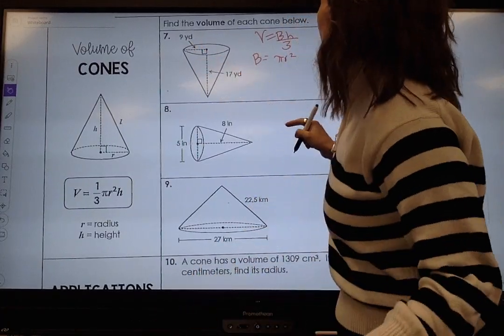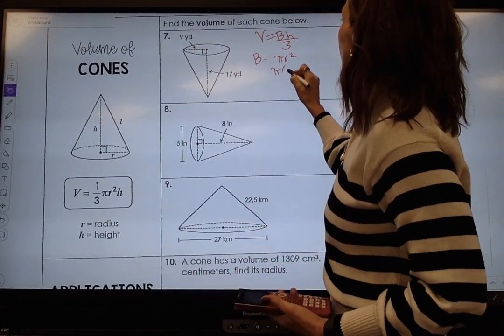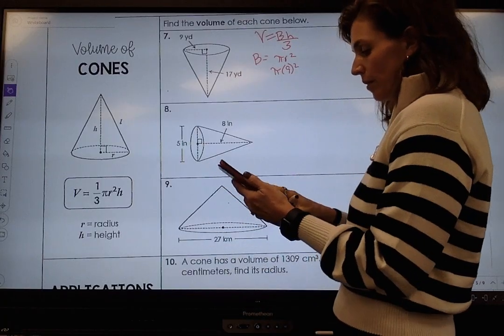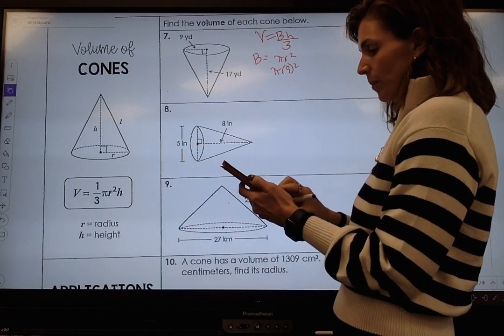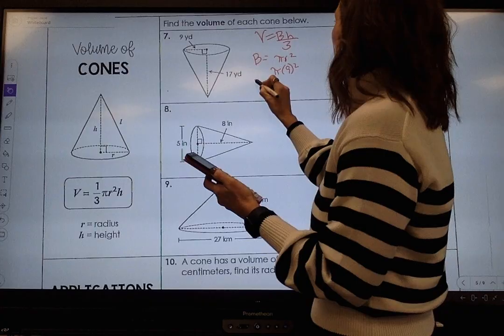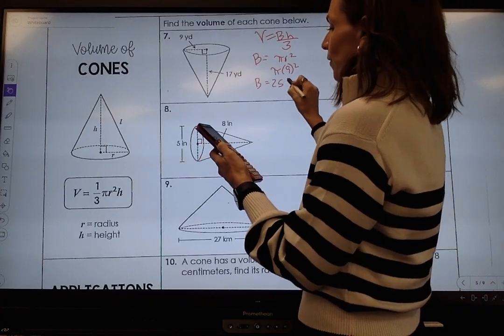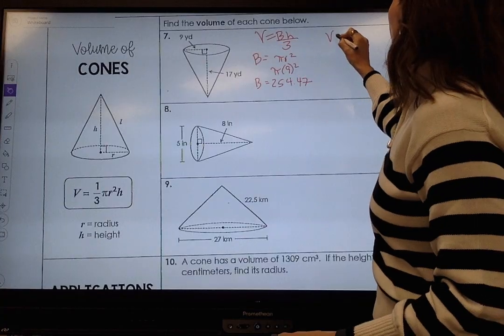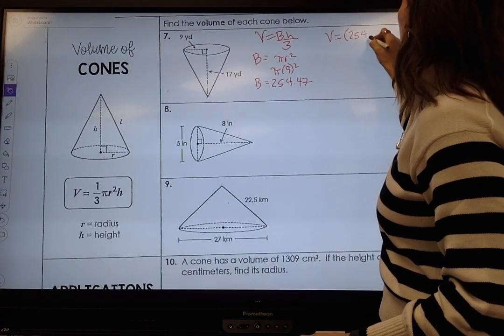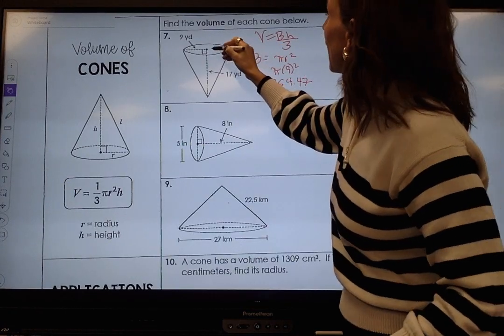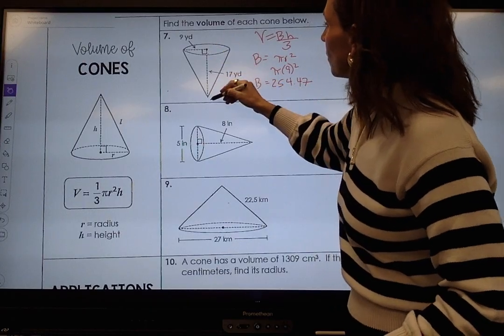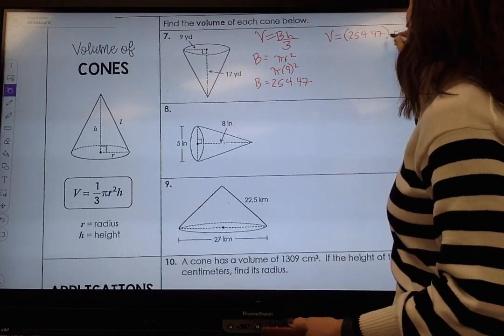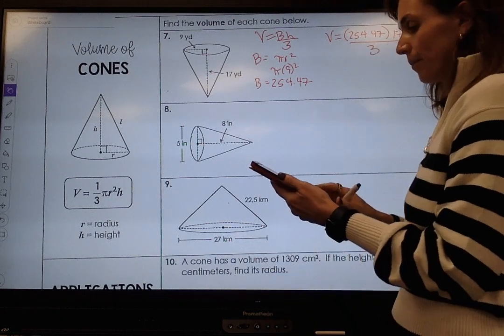So my radius is 9. So I get pi times 9 squared. And I get 81 times pi. So my big B is going to be 254.47 yards squared. So then I'm going to take 254.47 times the height of this cone, which is 17, all divided by 3.